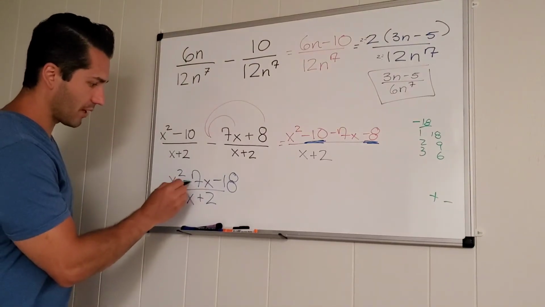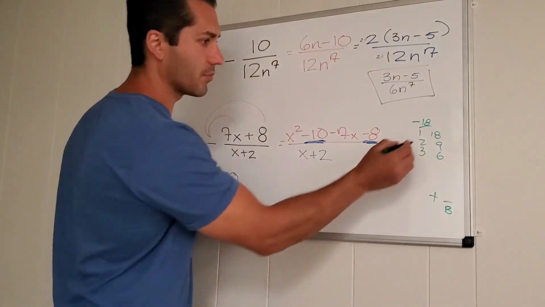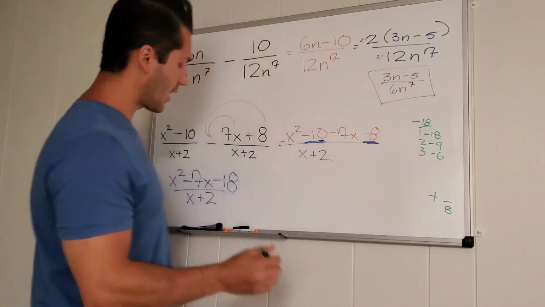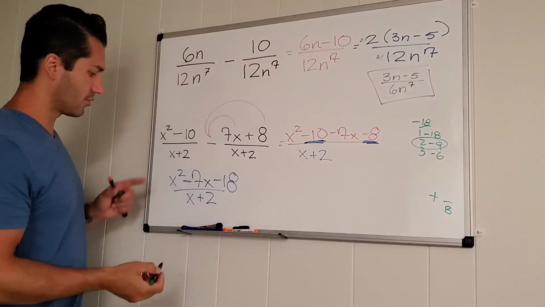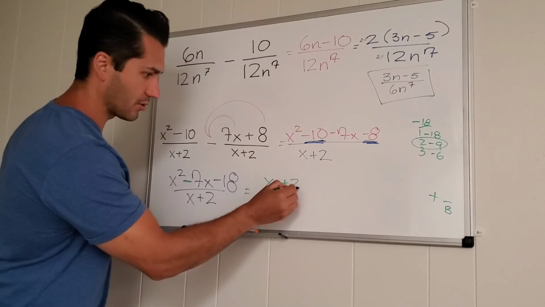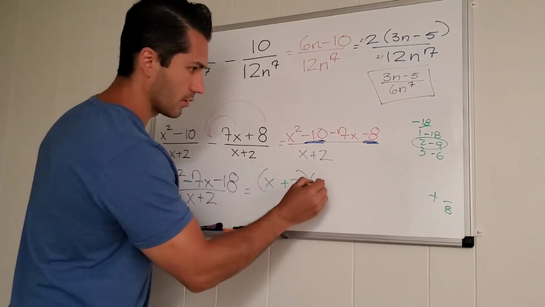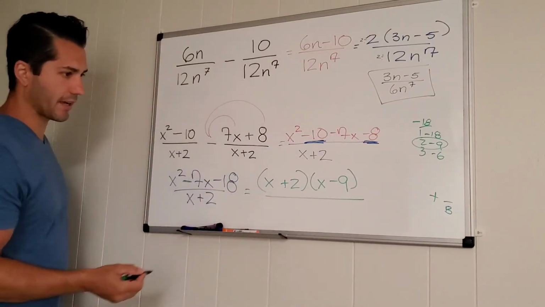You want them to add up to a negative 7, which means the negative is your bigger number. It's the dominant number. And then you play the game. Which of these will give you negative 7? Negative 9 and 2. So this factors to x plus 2, x minus 9, all over x plus 2.